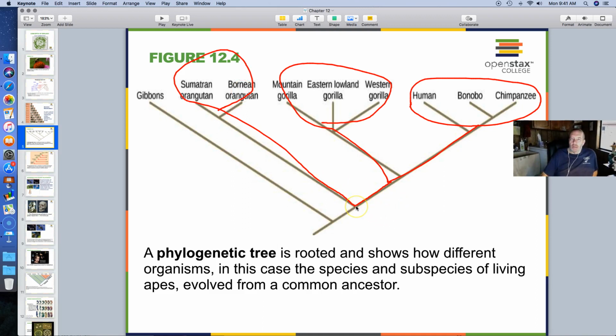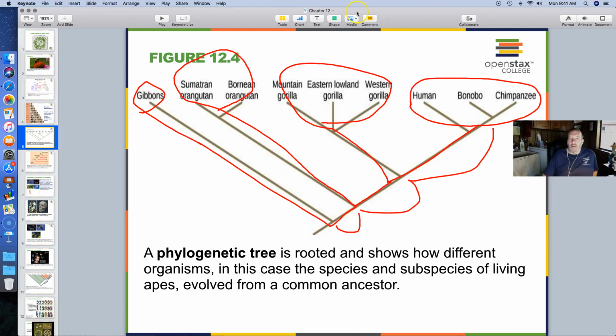And we're even more distantly related to the other branch shown here, which are the gibbons. Gibbons and orangutan are more closely related to each other than they are to the gorilla, or of course to the branch that we go to.